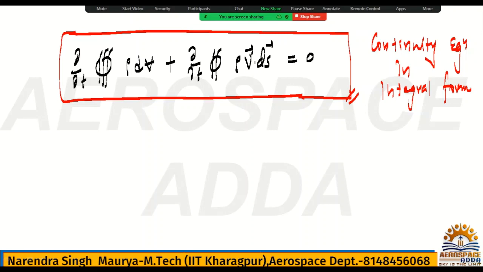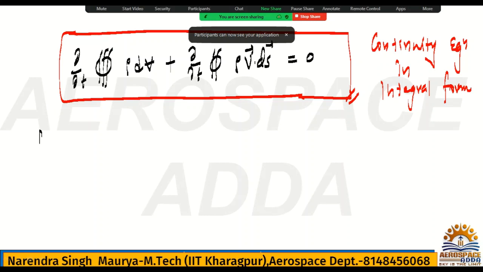What is the Gauss divergence in math? So Gauss divergence is nothing but the one mathematical theorem in which what you have to do, you have to convert double integration into triple integration. Yes or no?